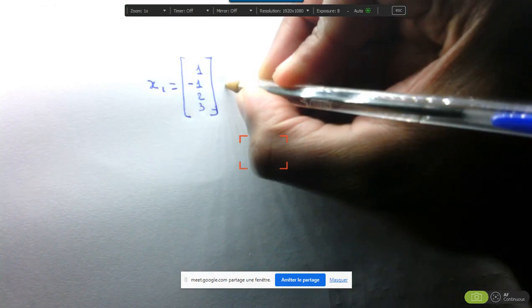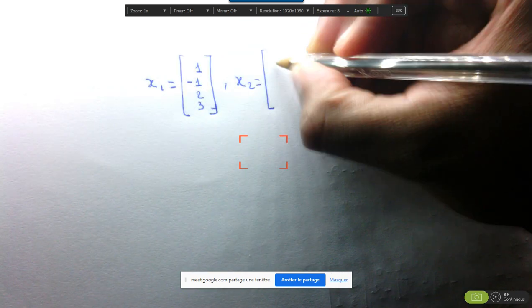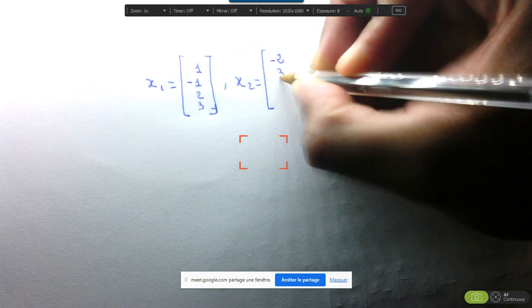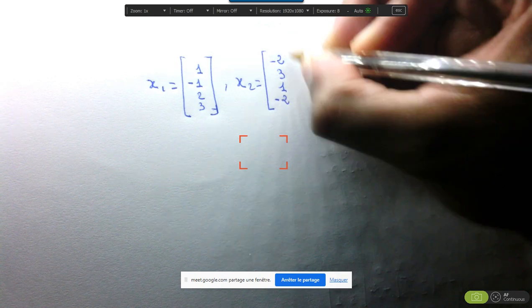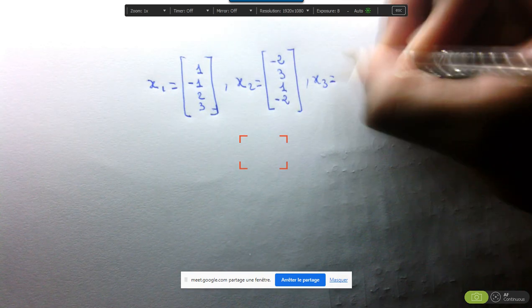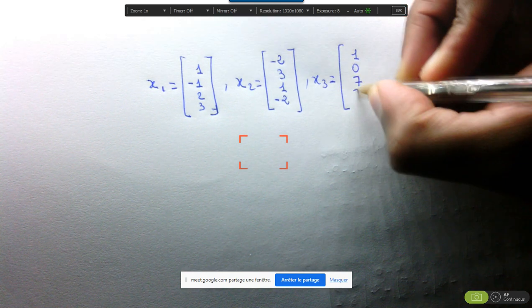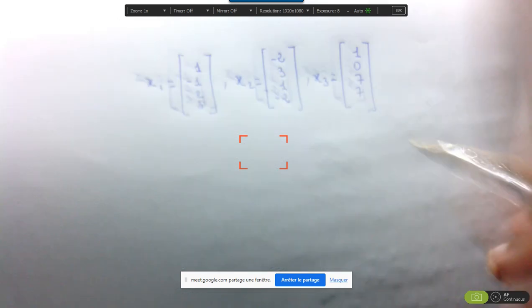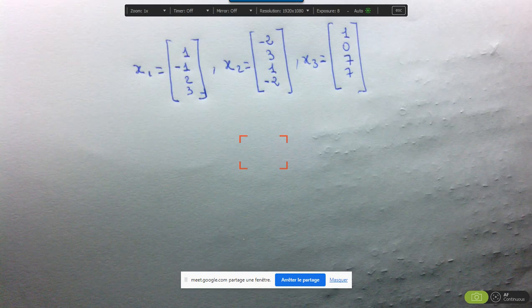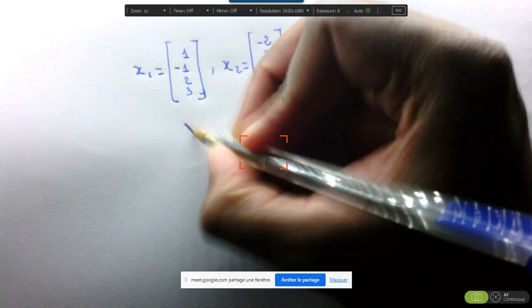And I have x2 equals to negative 2, 3, 1 and negative 2. And I have x3 equals to 1, 0, 7, 7. Okay. Now that leads me to solve the following.